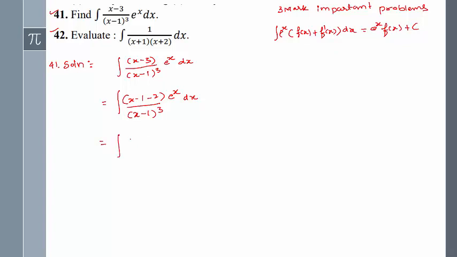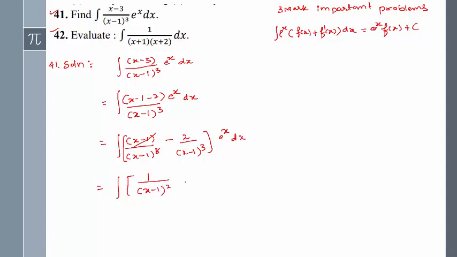Now that will be the integration of x minus 1 divided by x minus 1 whole cube minus 2 divided by x minus 1 whole cube, with respect to e raised to x into dx. So cancel x minus 1 and x minus 1. That will be the integration of 1 by x minus 1 whole square minus 2 divided by x minus 1 whole cube, e raised to x.